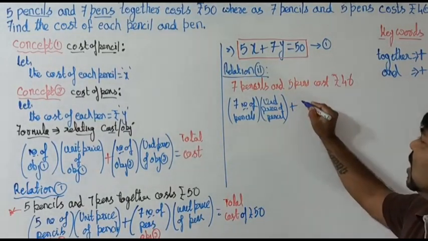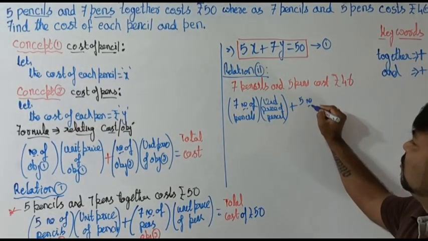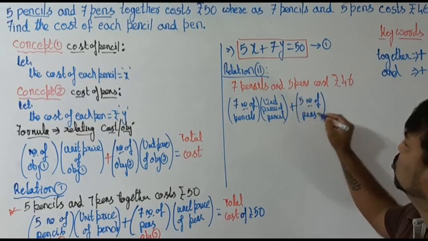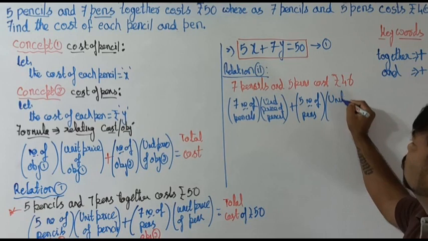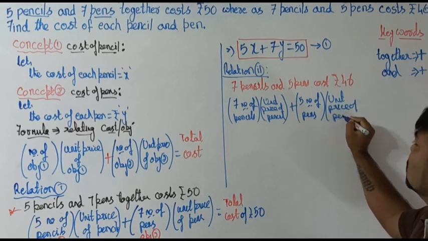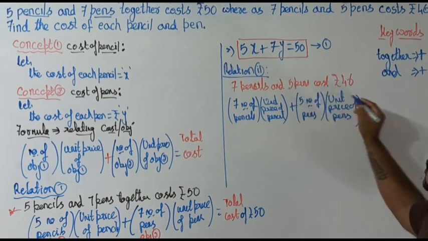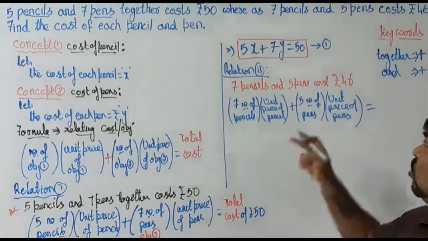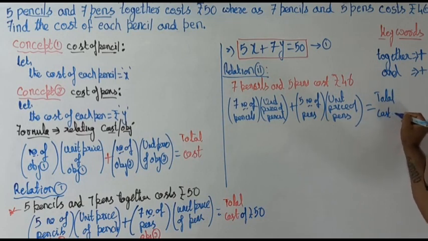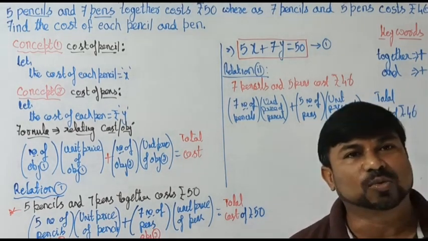Now how many pens are there? 5 number of pens into the unit price of pens, equals the total cost of rupees 46.